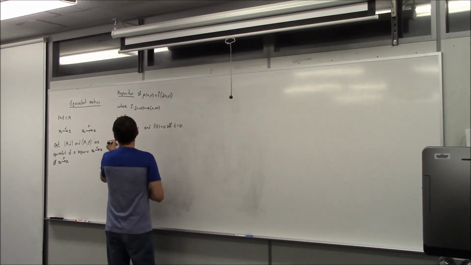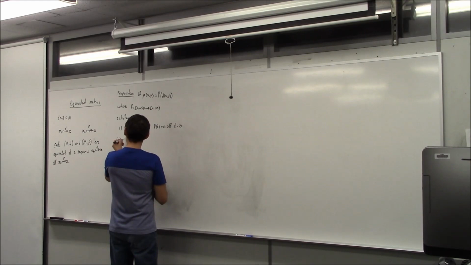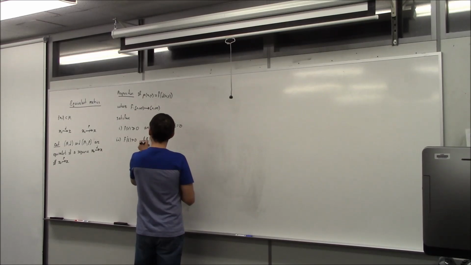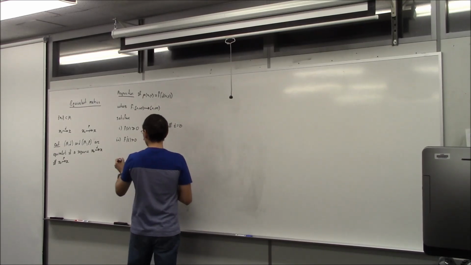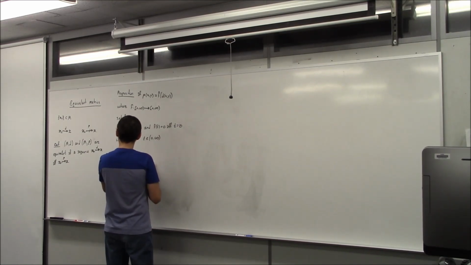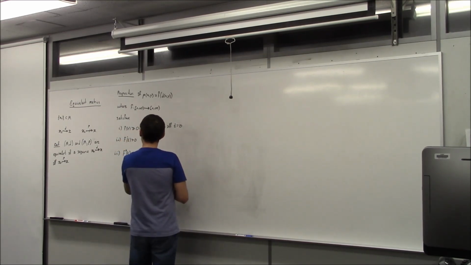The second condition is that the derivative is bigger than 0. And the third condition is that the second derivative is less than 0 when t is in 0 to infinity.